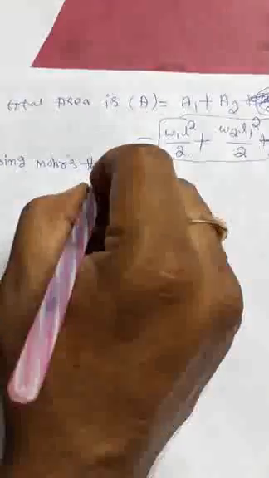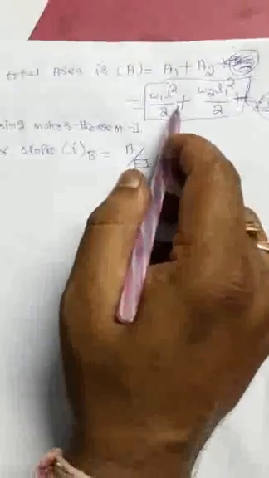Then, using Mohr's theorem 1 for maximum slope, the slope at B is equal to A by EI.